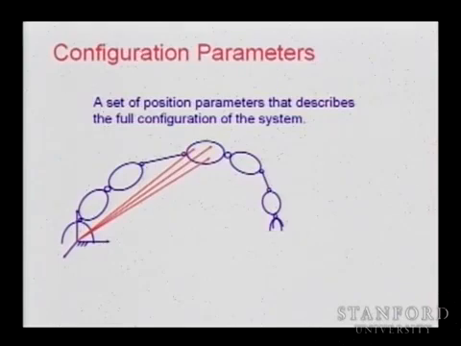Now we are going to use, in that case, 3 vectors. Each vector has 3 parameters in 3D. So we have 9 parameters to describe each link, and we have n moving links, so we will need 9n, a lot of parameters. And this would be one of the representations.